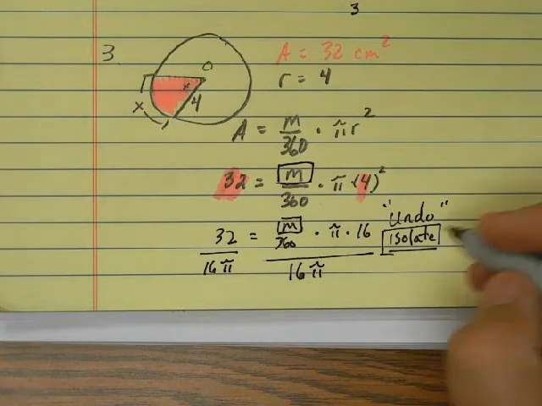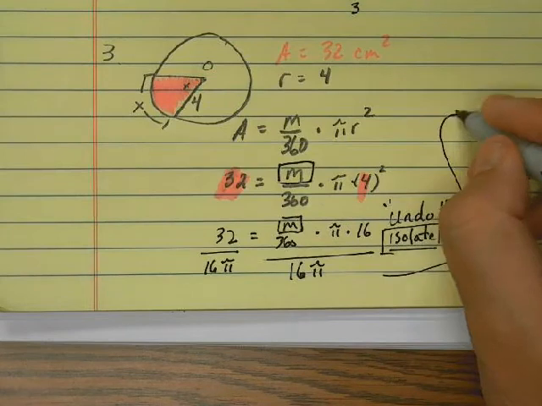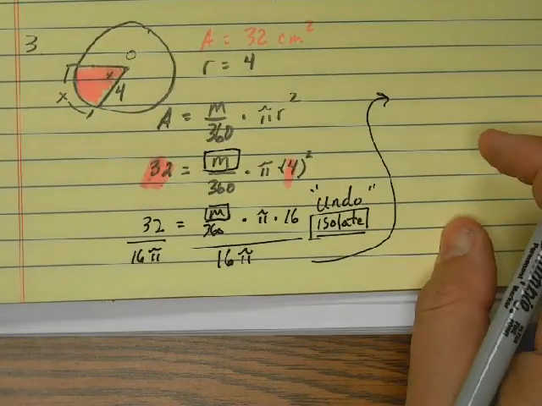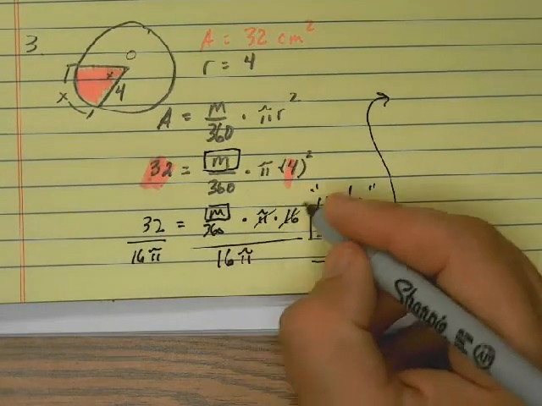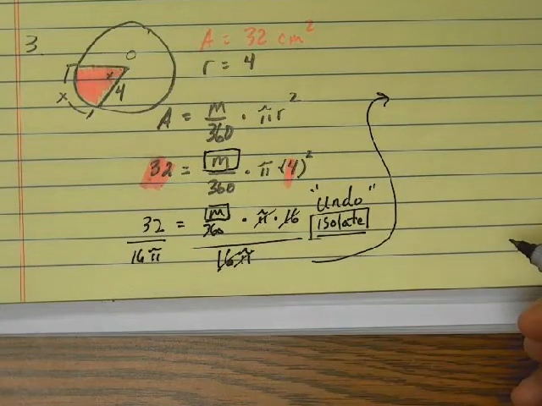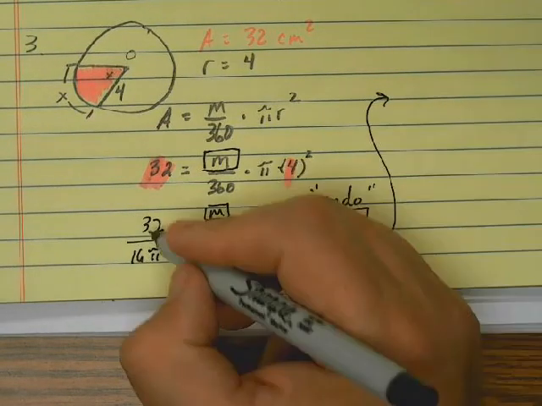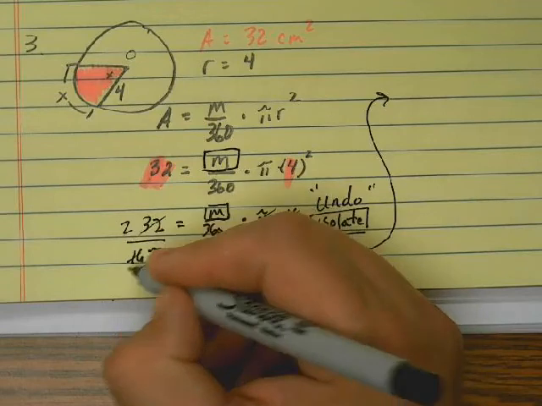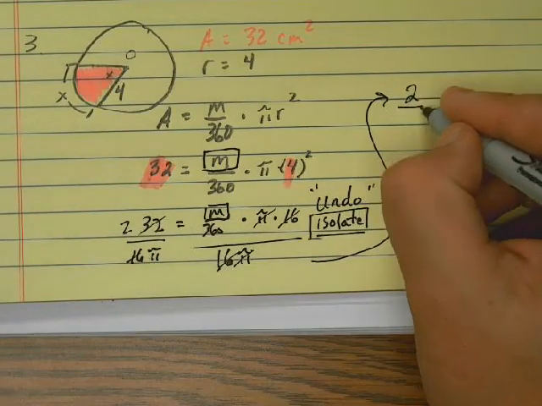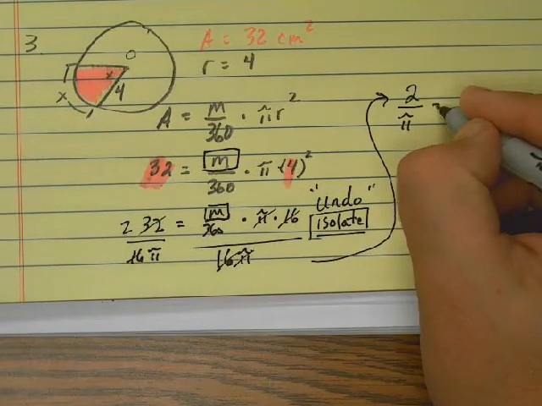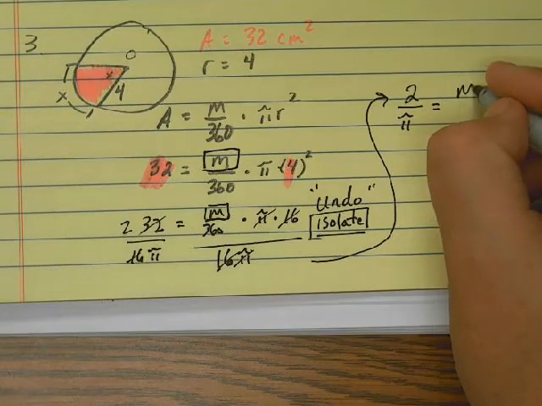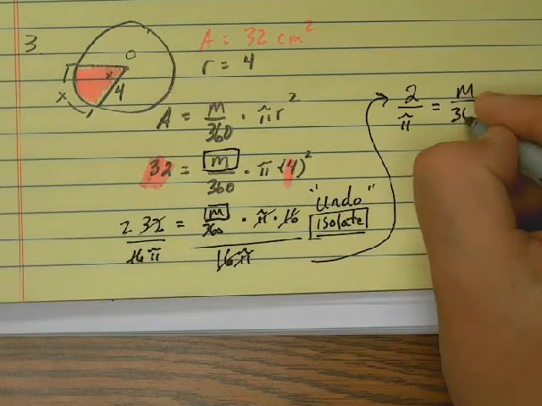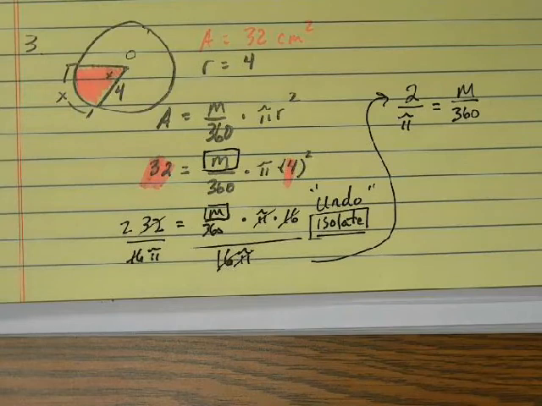Okay, so now let me create some space. So 16 and the pi reduce on this side. And over here, the 32 and the 16 reduce to 2 and 1. So I have 2 over pi is equal to m over 360. That's all I have left.